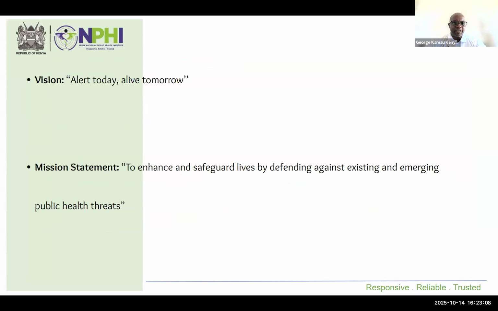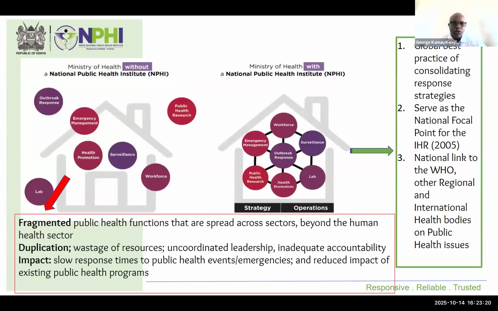So our vision is alert today and alive tomorrow, and our mission is to enhance and safeguard lives by defending against existing and emerging public health threats. Next slide. So why NPHI? So number one, before we had NPHI, we had fragmentation. If you look at the image on the left, we have everybody working in silo.